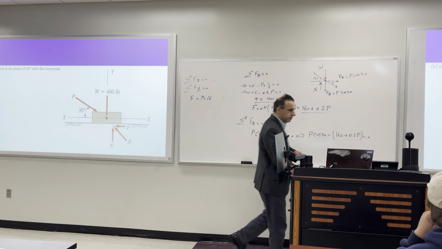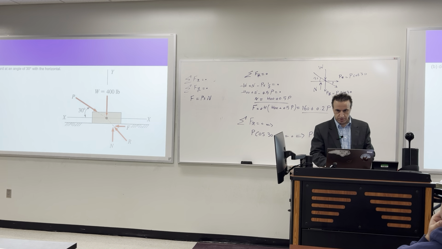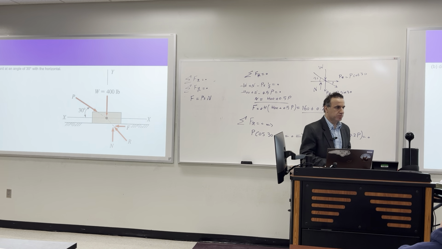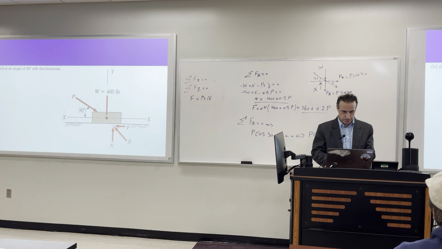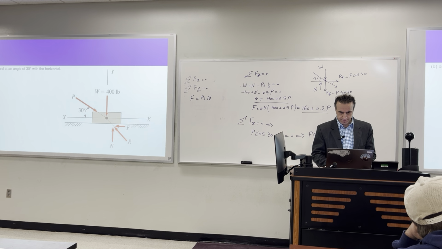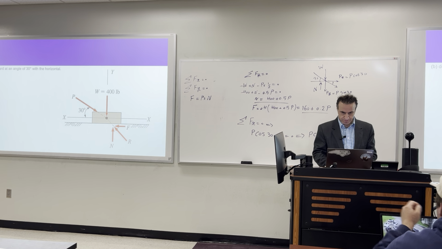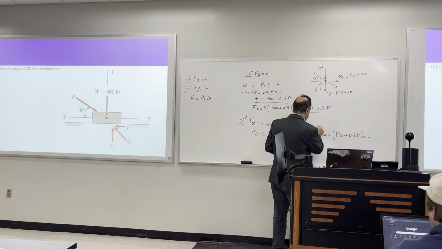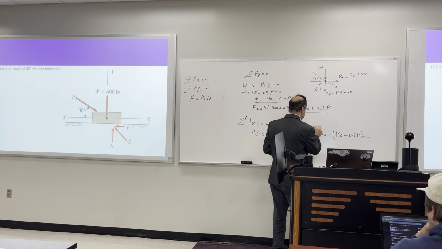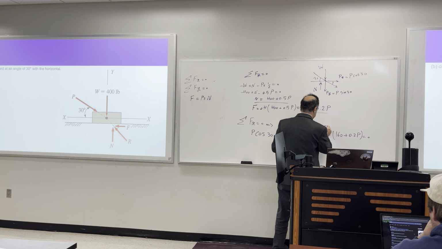What is cosine 30? Cosine 30 is 0.86. Okay?